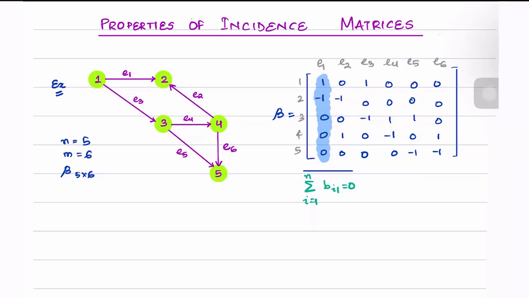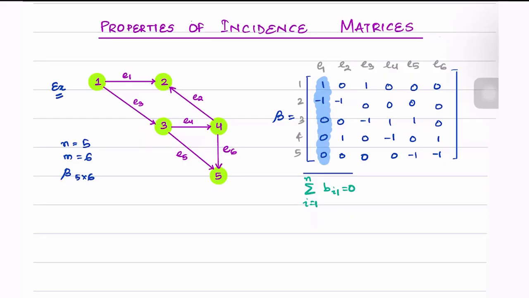So why does it happen here? Is it only true for this particular digraph, or will it hold in general? As you can see, whenever we are writing the incidence matrix, every column tells us where the particular edge associated with that column starts and where it ends, meaning only 2 of the entries can be non-zero here.